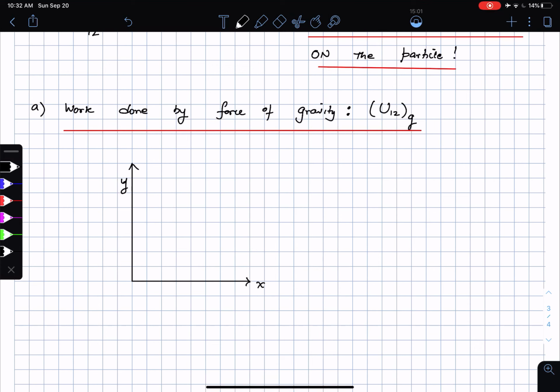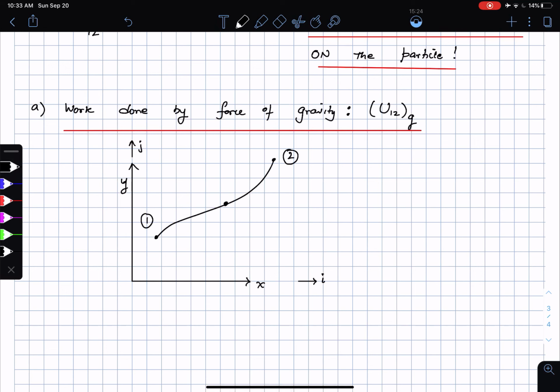The unit vector along the x-axis is little i, as you know, and the unit vector along the y-axis is going to be little j, and here is the particle which is traveling from some point here to some other point there. Now this is position 1 of the particle, this is position 2 of the particle, this is the particle at some arbitrary position.